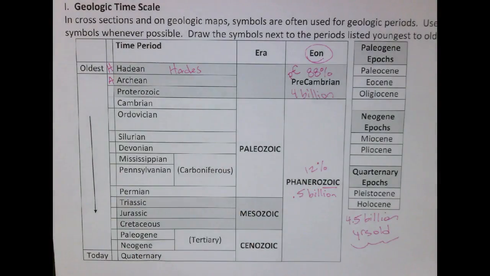And then comes the Proterozoic. Proterozoic: the pro means before, zoic means life, so we're saying really before life. We did have some single-celled organisms, we had bacteria, we did have some very primitive life forms in the ocean during the Proterozoic, but we did not have a wide variety of life forms like you and I would recognize today.